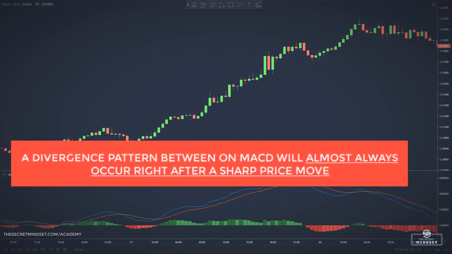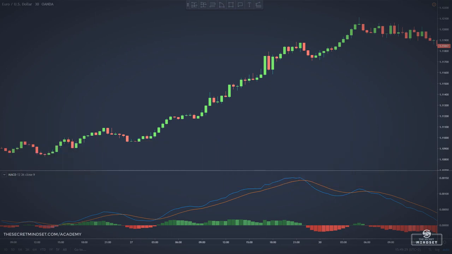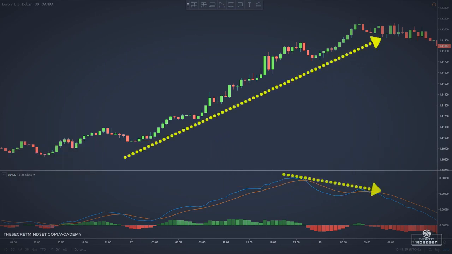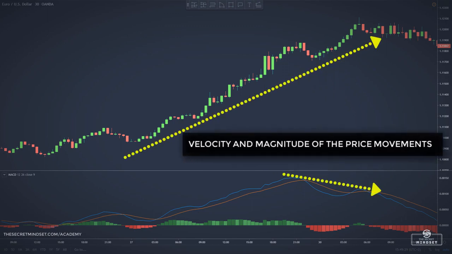A divergence pattern between the two MACD lines will almost always occur after a sharp price move, whether higher or lower. Determining whether the price move is sharp, slow, large or small requires looking at the velocity and magnitude of the price movements around it.